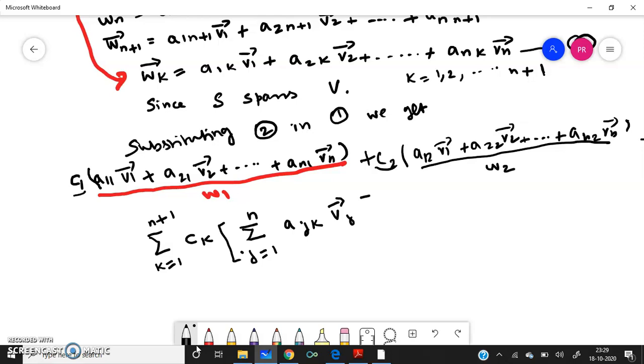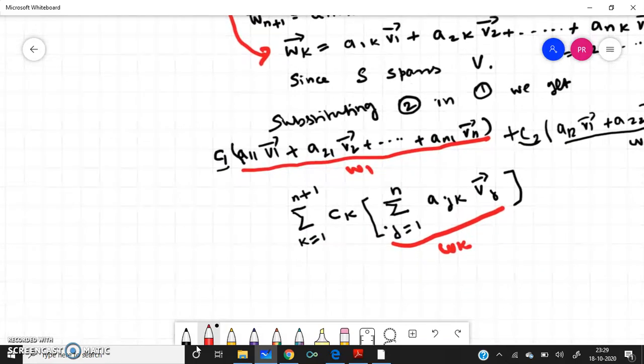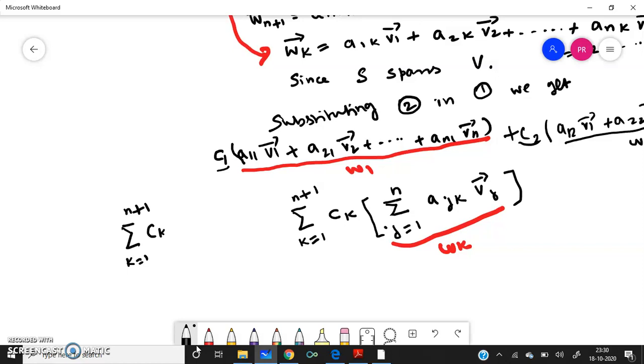And all these are my Wk, right? So it is actually the summation k equal to 1 to n plus 1 of Ck Wk.